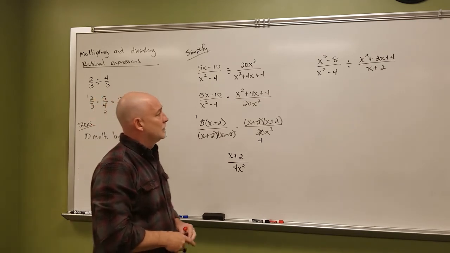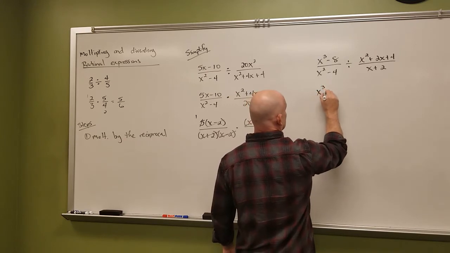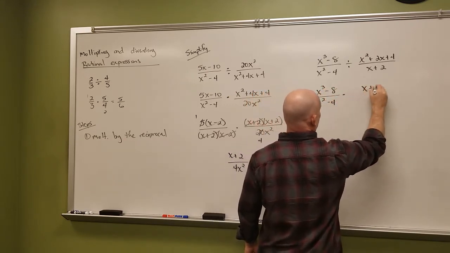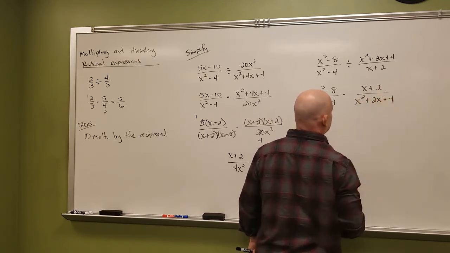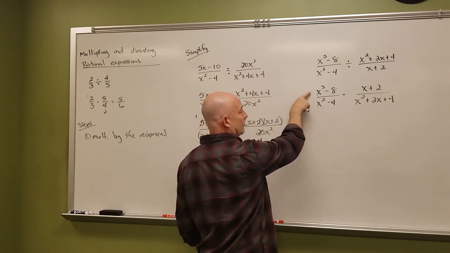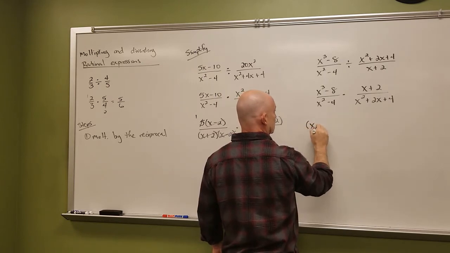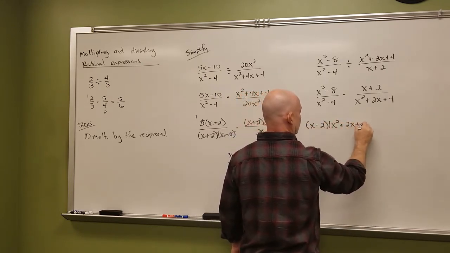Okay, so let's take a look at this problem. The first thing we want to do is write this as multiplication. So times, that's x plus 2 over x squared plus 2x plus 4. All right, again, I'm going to go through this kind of quick because hopefully you remember how to factor. This is the difference of cubes. That factors to x minus 2, x squared plus 2x plus 4.